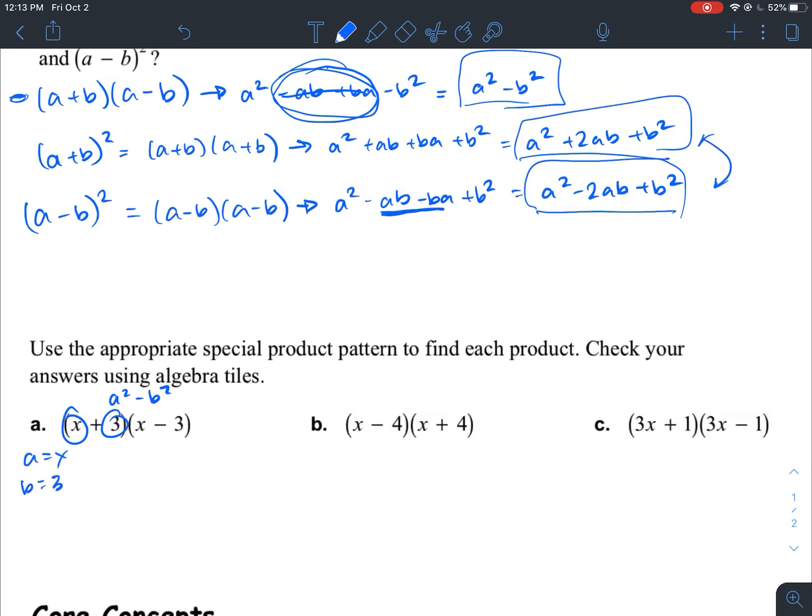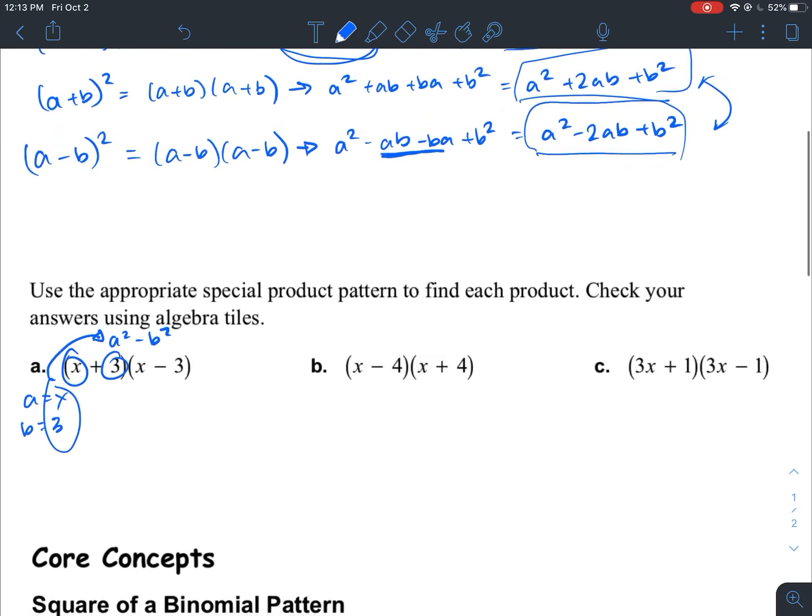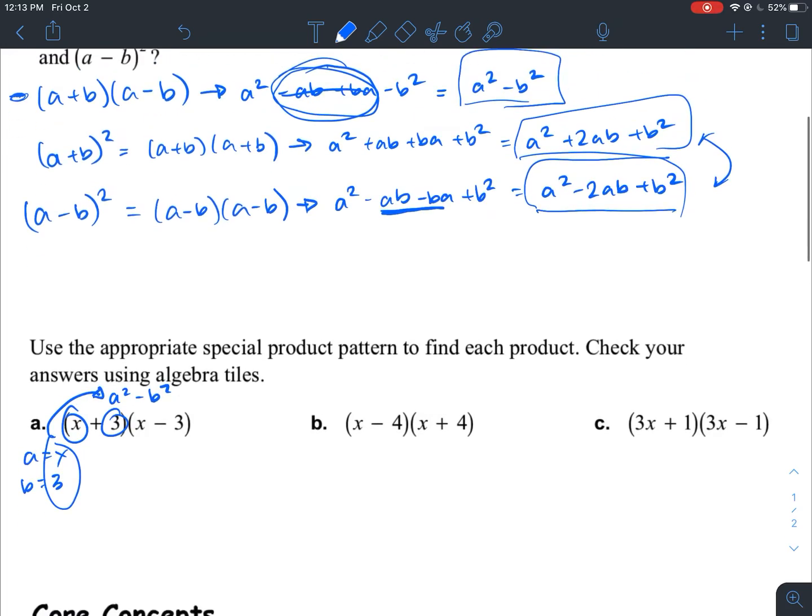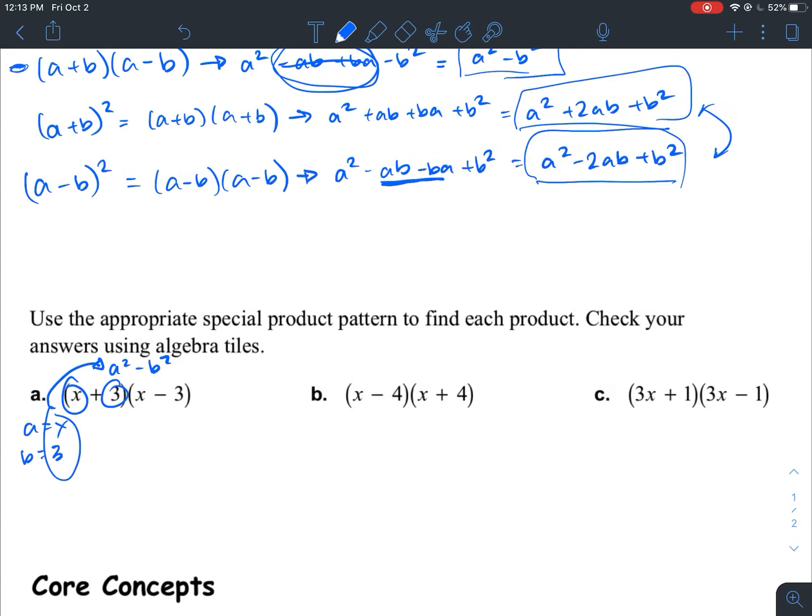So if we know this, then we can just plug these into the pattern that we saw. So if a is equal to x, then this is going to be x squared minus 3 squared, because b is equal to 3, which is x squared minus 9.